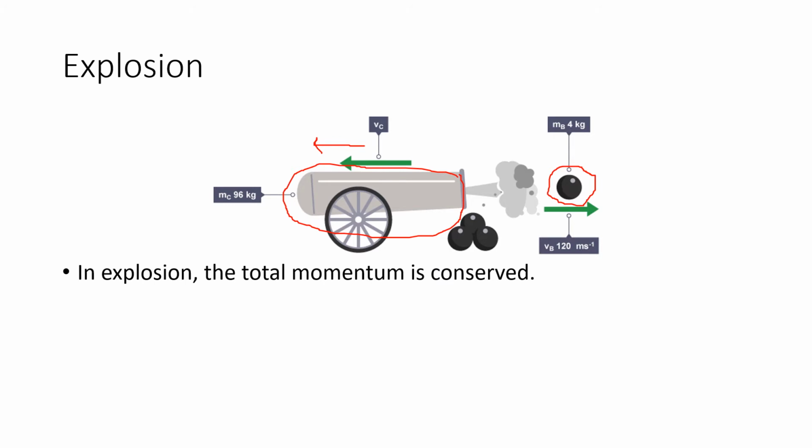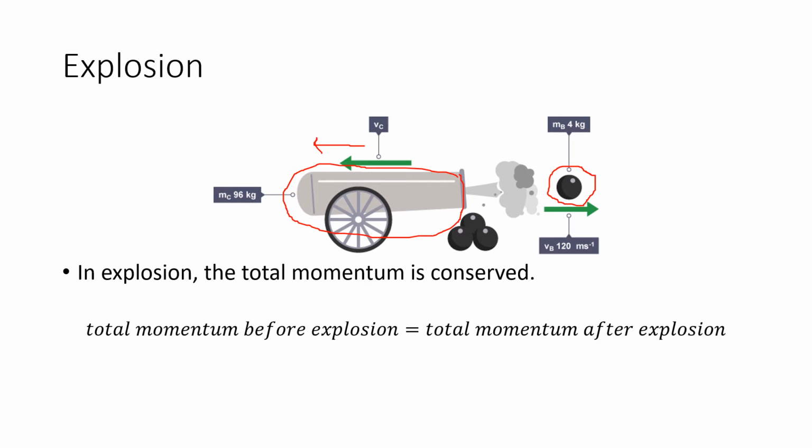In explosion, the total momentum is conserved, which means the total momentum before explosion is equal to the total momentum after explosion. So this is another part that you need to remember.